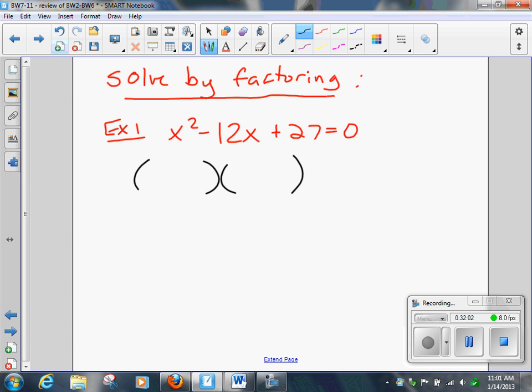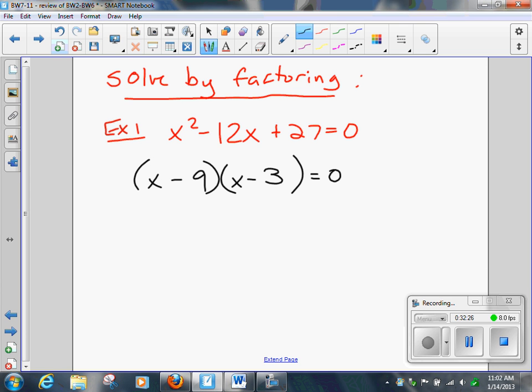Will this factor? Are there two factors of 27 that when you add give you 12? Oh, yeah. 9 and 3, right? Are my signs the same or different? Same. What are they going to be? Minuses. All right, now at this point, this is when we look at it and go, my solutions are 9 and 3.